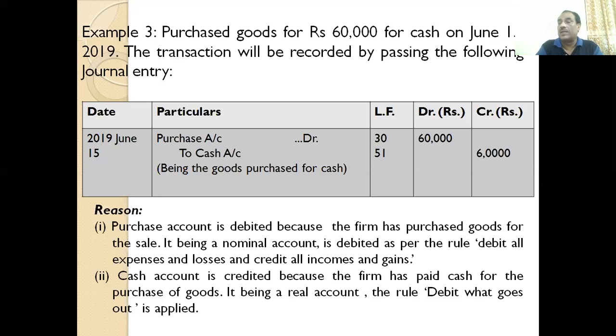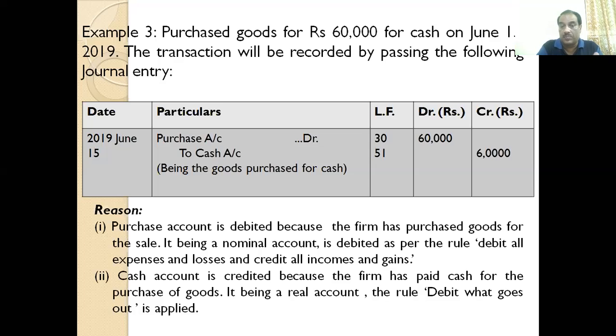It is important to understand here that goods are purchased for sale, for the business, for making profit. When we say goods account, it means the goods which are purchased are for sale. In the furniture account or machine account, the machine was purchased for doing the business, so that was a property. Here it is goods which are purchased for sale.